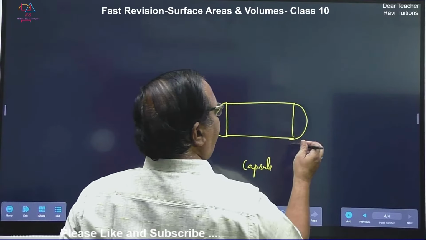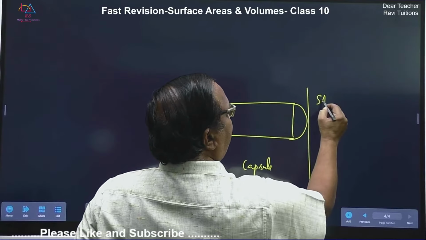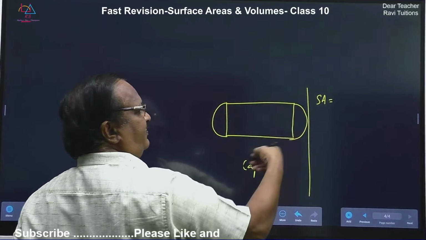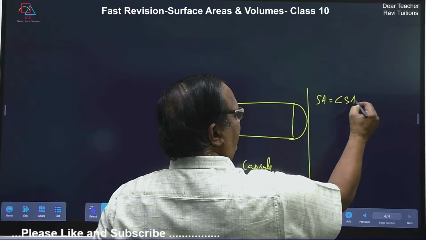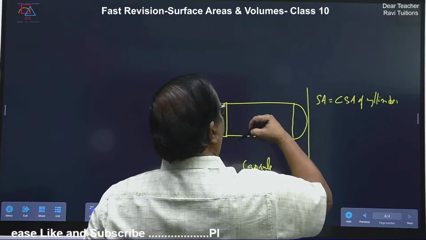What is the surface area? Cylinder curved surface area, CSA of cylinder, that means this one.